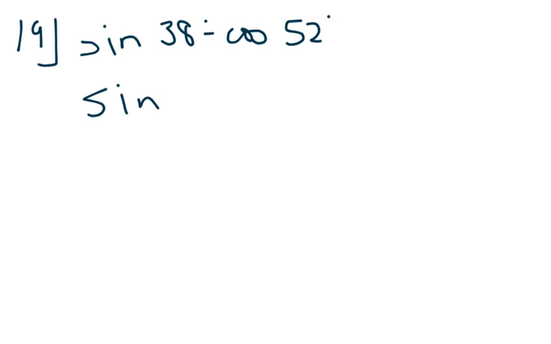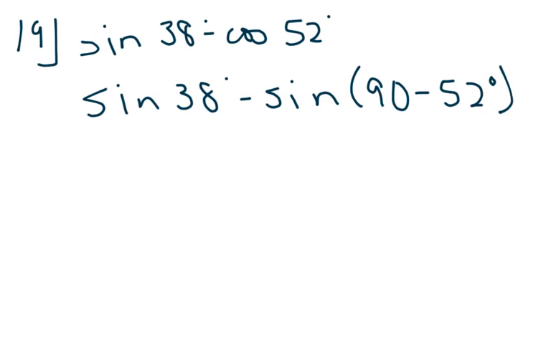So for sine of 38 minus cosine of 52 degrees, we can write this as sine of 38 degrees minus sine of 90 minus 52.